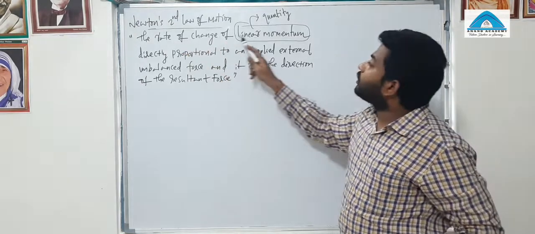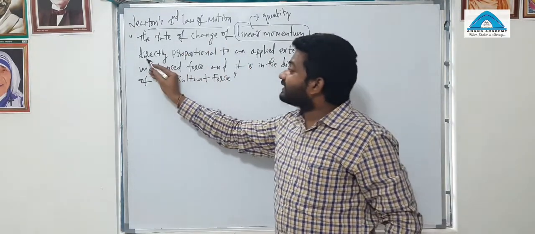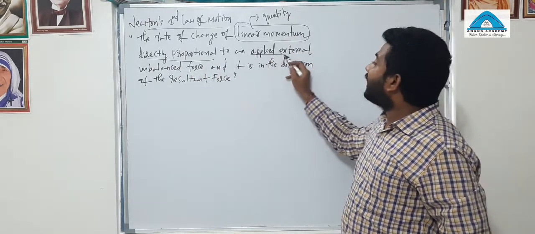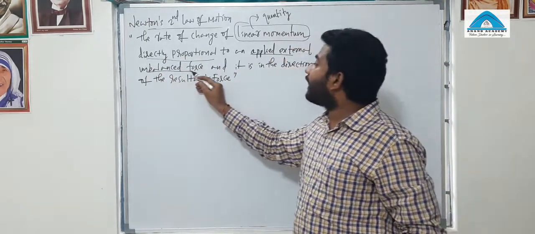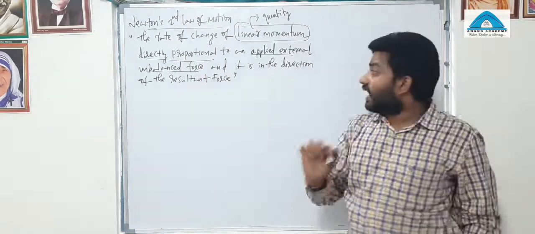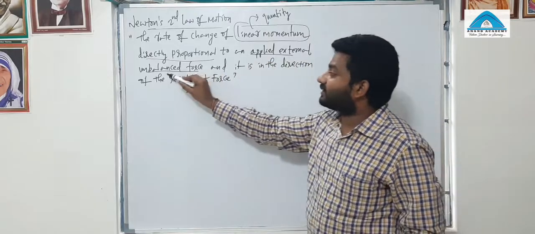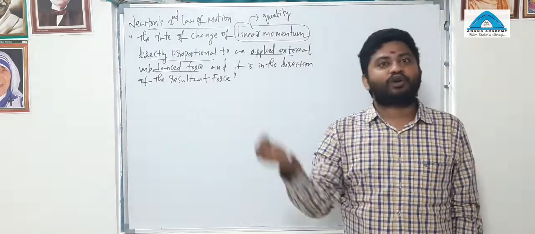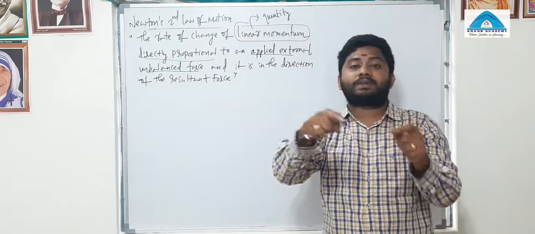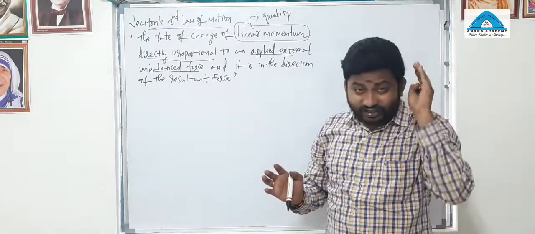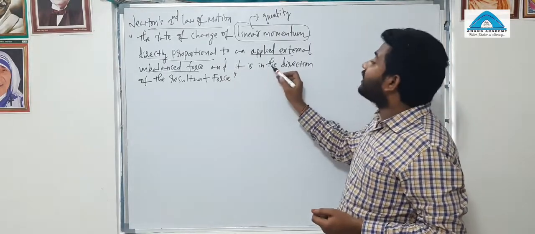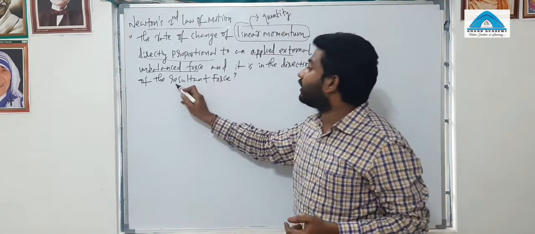The rate of change of linear momentum is directly proportional to an applied external unbalanced force. You know about the directly proportional relationship, and about the external unbalanced force, which will accelerate the body. Next, it is in the direction of the resultant force.